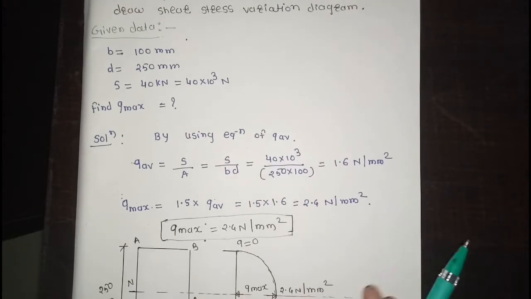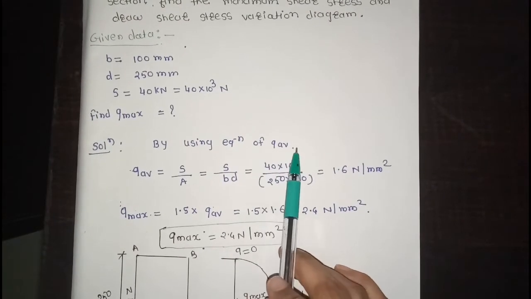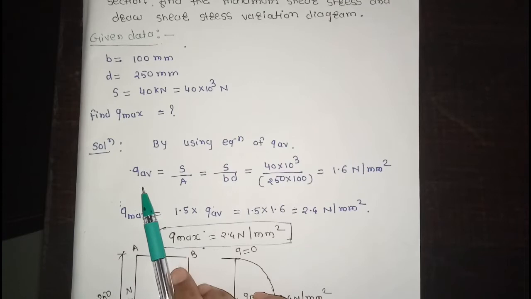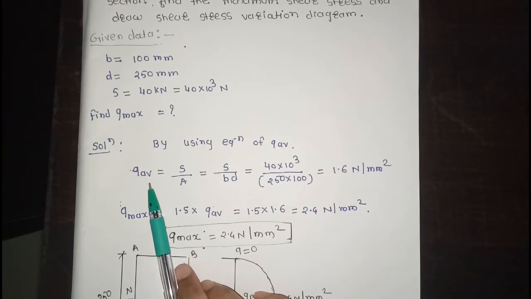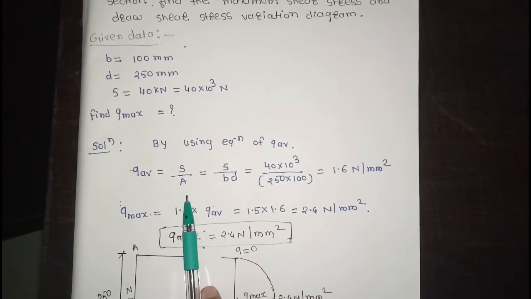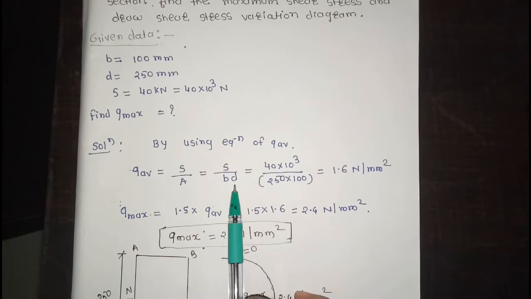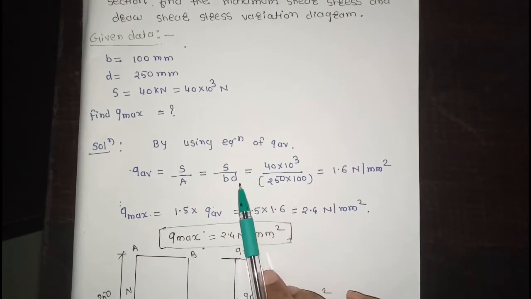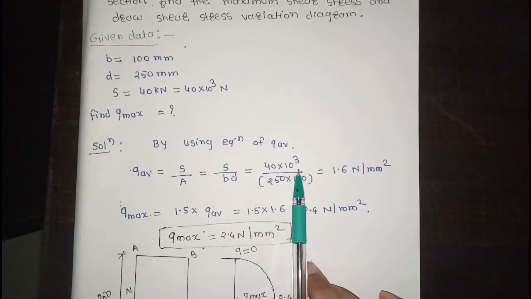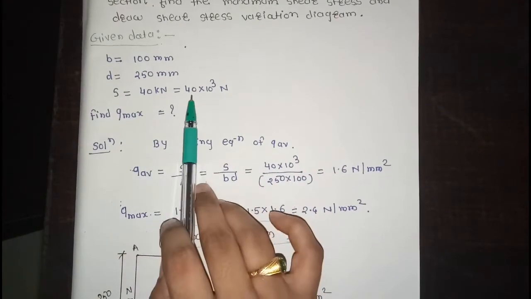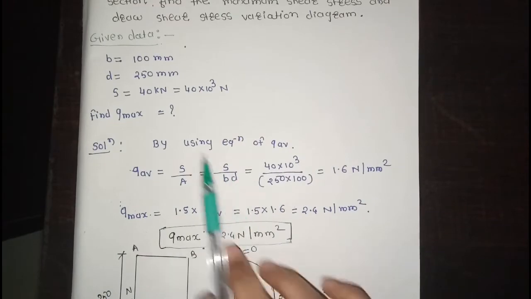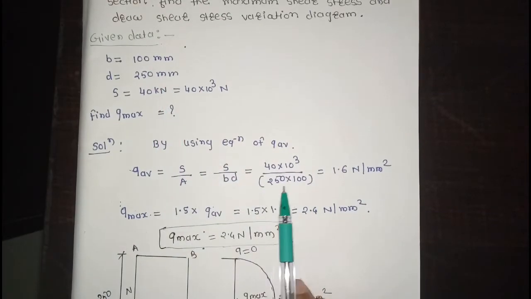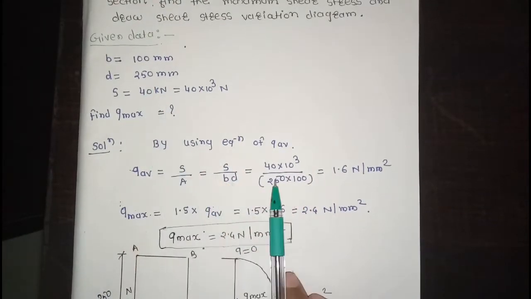By using the equation, first of all calculate Q average. Q average is equal to S by A, means S by BD. Put the values of S, B and D: S is 40 into 10 cube, B is equal to 100, D is equal to 250.